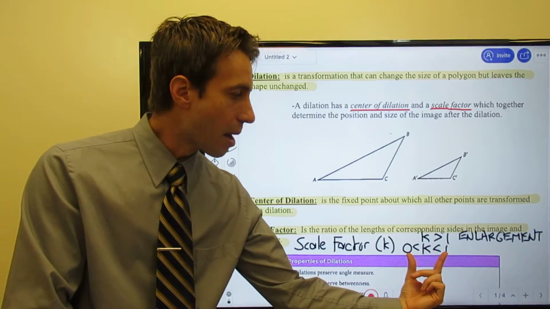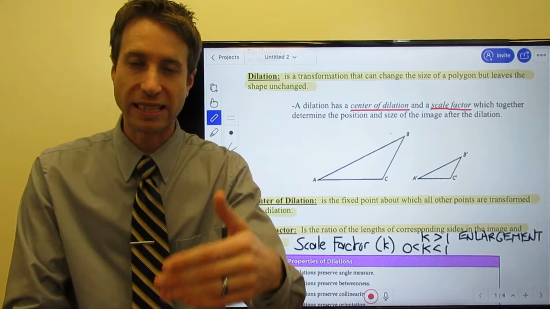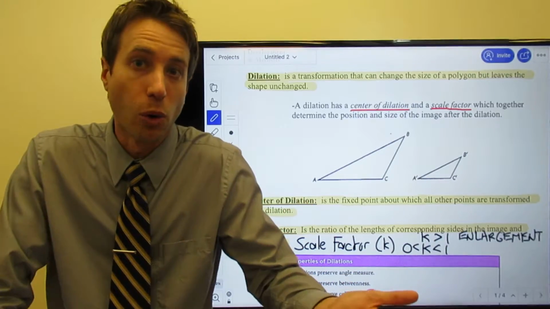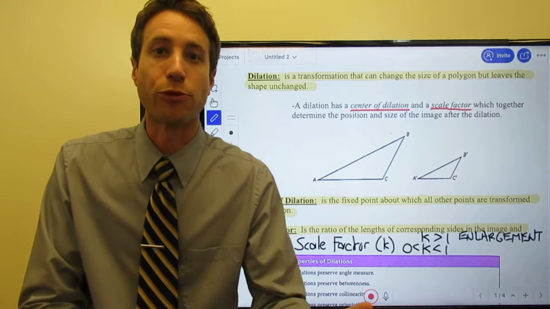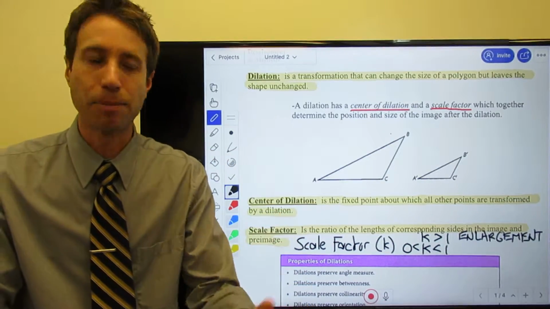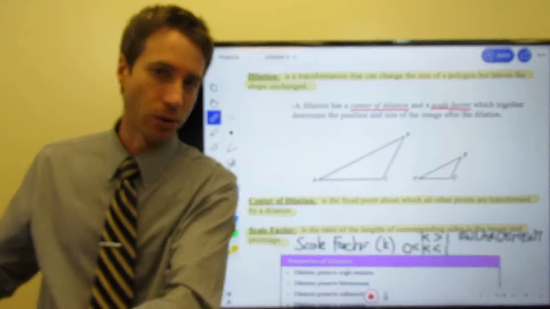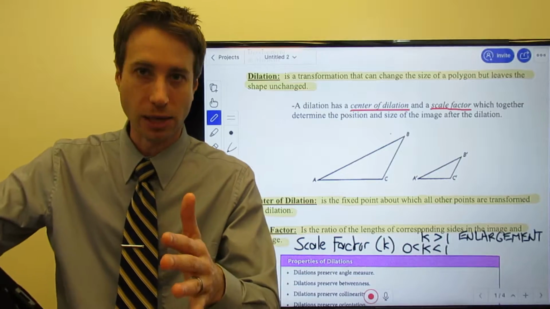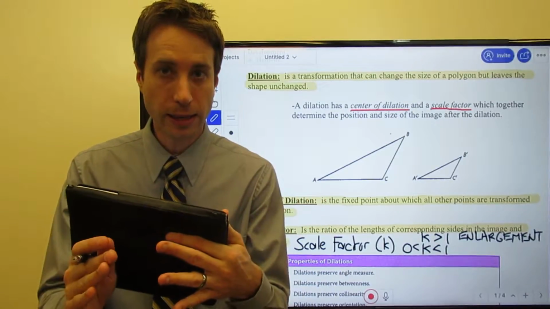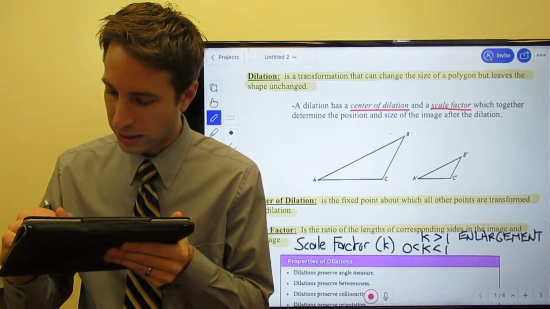All numbers between 0 and 1 are fractions, something less than 1, you know, 0.5 or 1/2, 0.33 repeating or 1/3. These are great examples of a scale factor that's less than 1. It can't be less than 0, it won't be negative, it's got to be between 0 and 1. If it's between 0 and 1, this is going to shrink the original figure. It's going to make it smaller, which of course we will call a reduction.